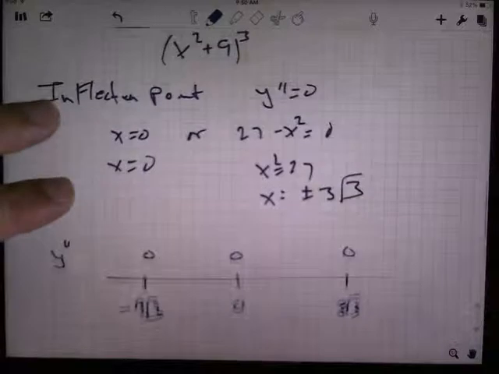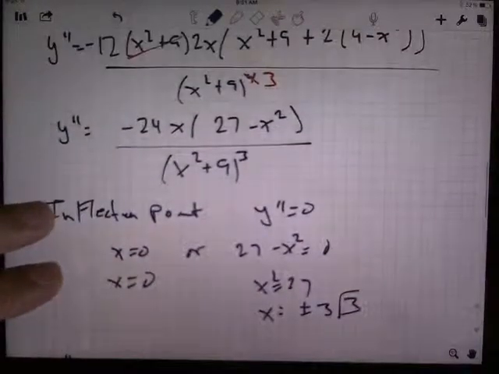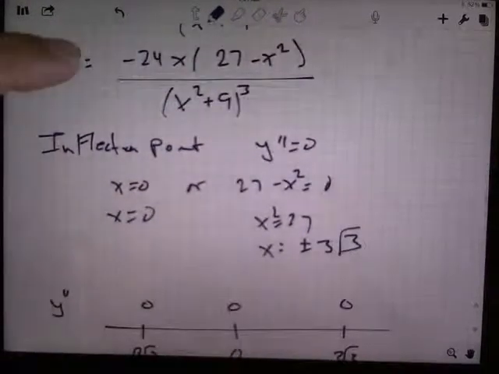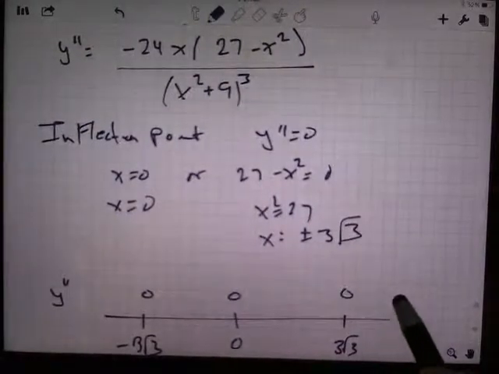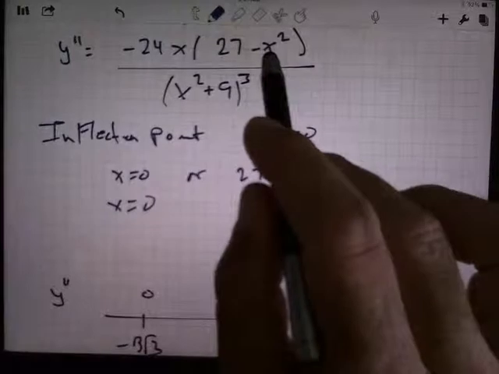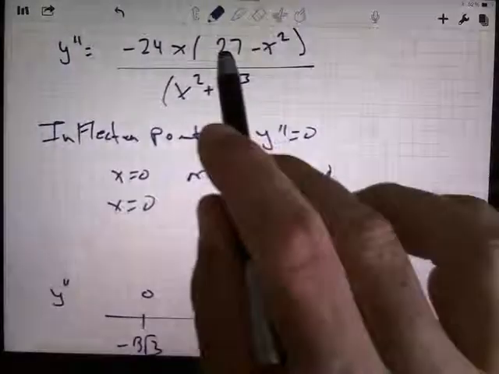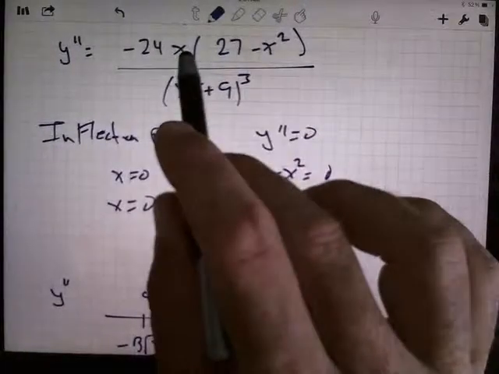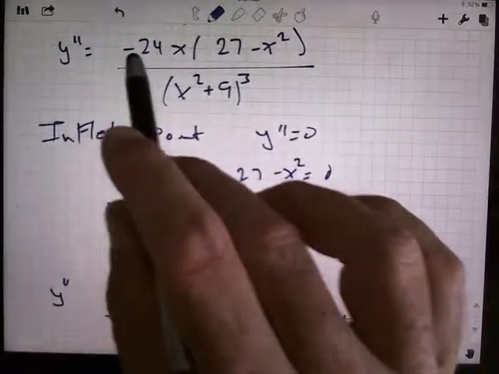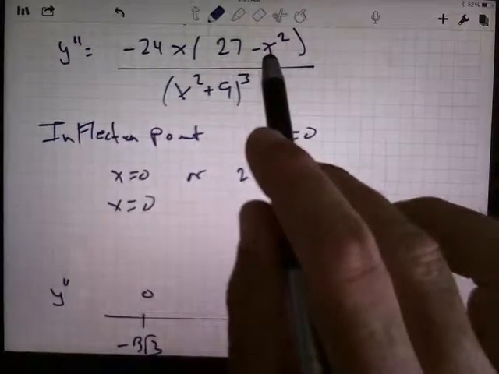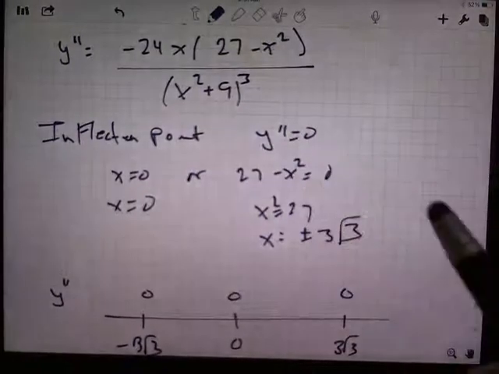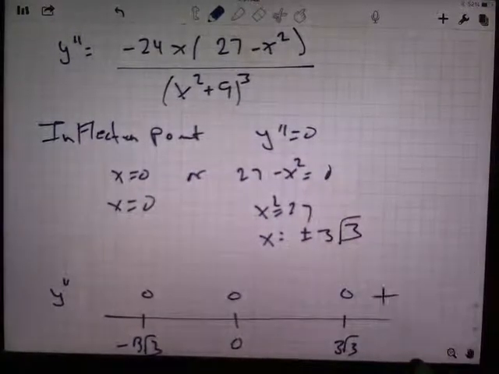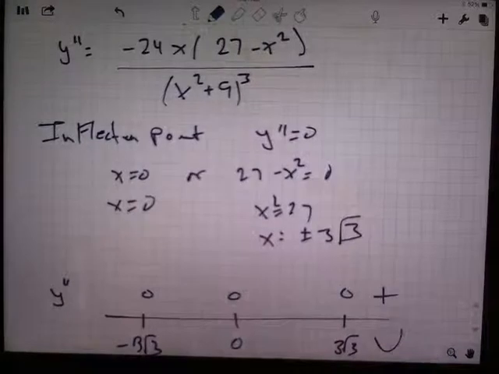Well, if I'm bigger than 3 radical 3, then this is going to be bigger than 27, and so that's going to be negative, and that's positive, and that's negative, so negative times negative is positive, so the numerator is positive, the denominator is positive, and so this is positive, so this is concave up over here.